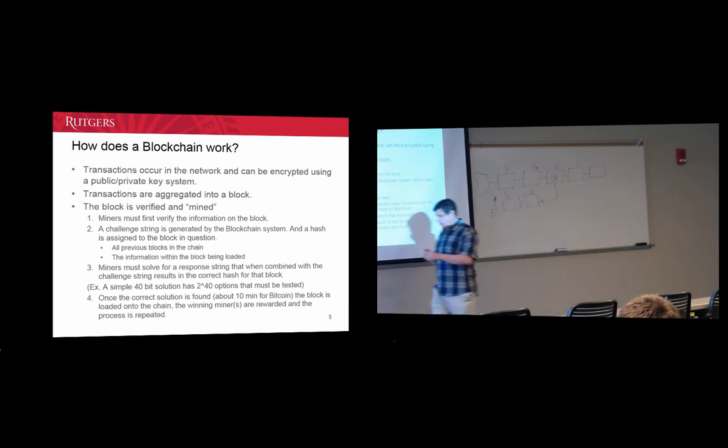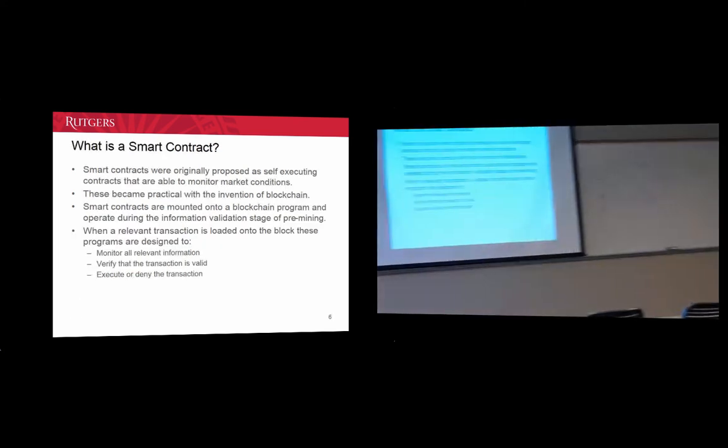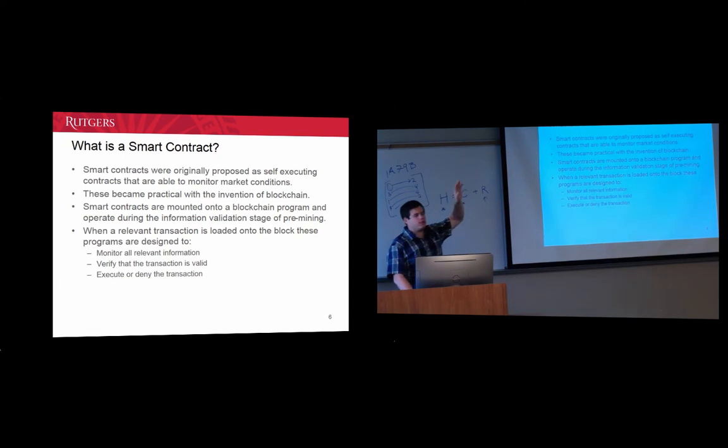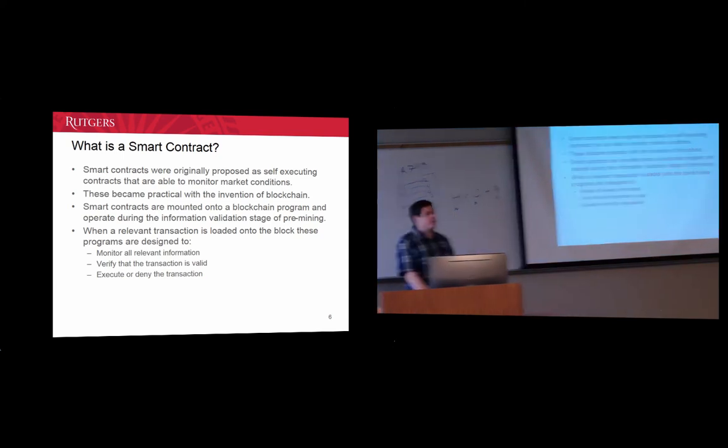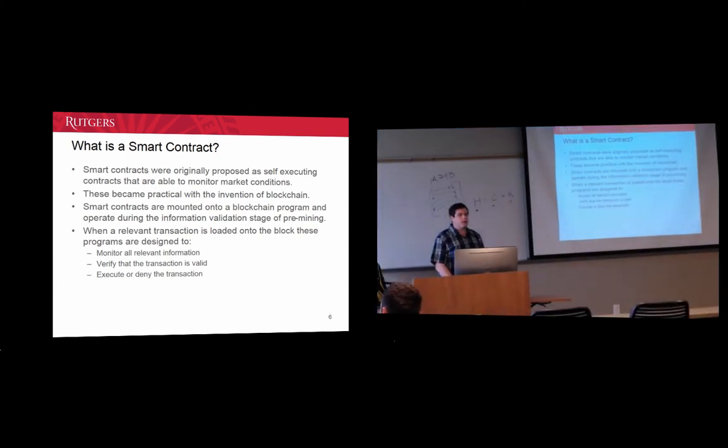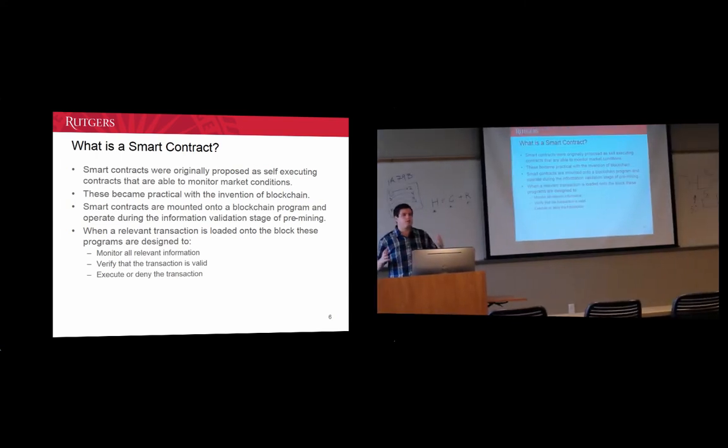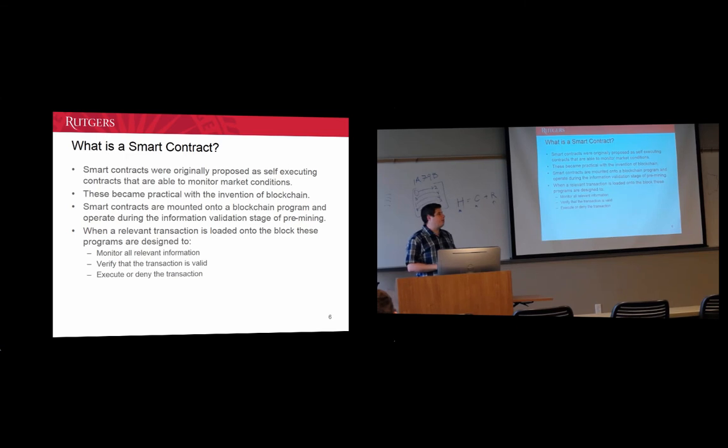So here's the idea behind smart contracts. And this is where it starts to tie into accounting more, right? Smart contracts were originally proposed in the early 90s, or maybe late 80s, I think. The problem was, it's all well and good to create a program that executes automatically, but if someone can go in and alter that program, then it's not really working.